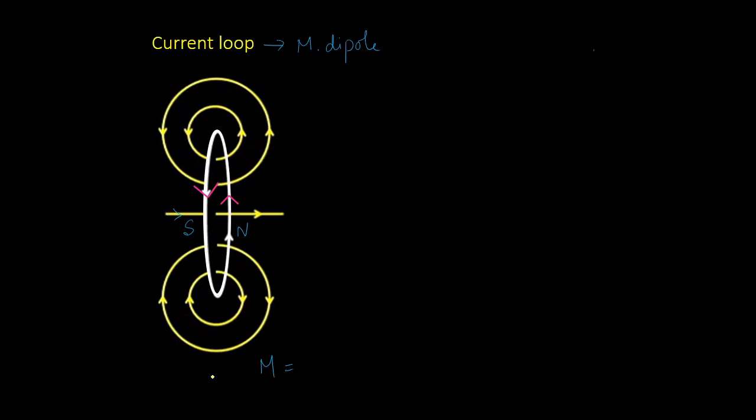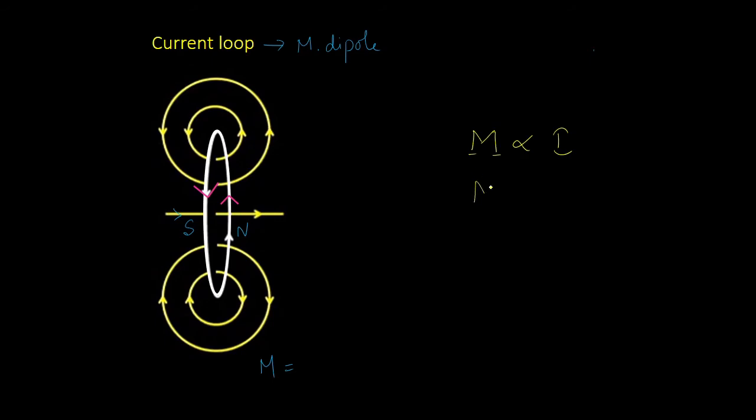So in case of a current loop, the magnetic dipole moment was found to be proportional to the current that is flowing inside the loop. We learned that the dipole moment depends on how much current is flowing in this loop.